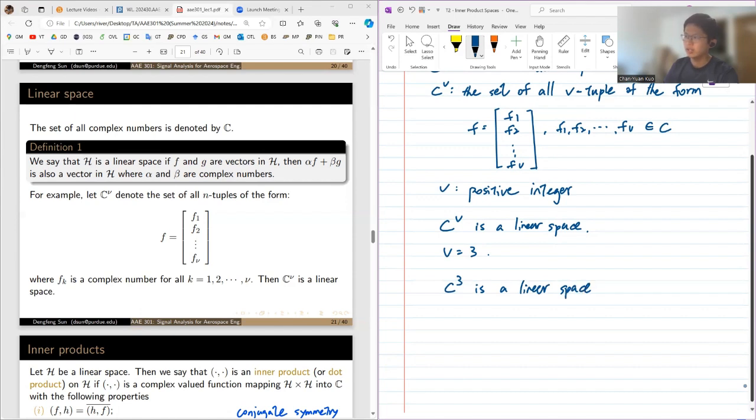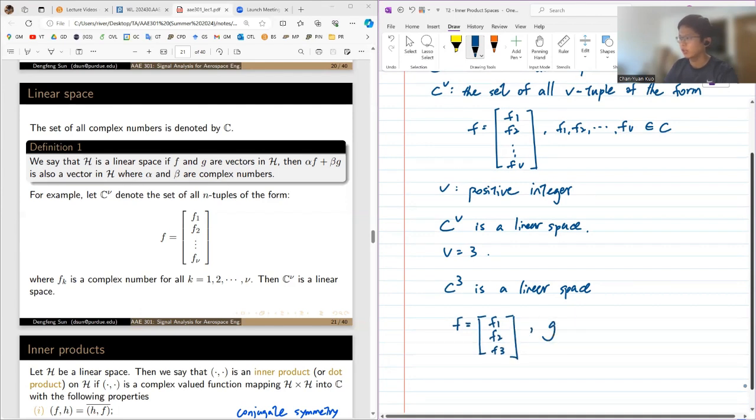To do that, let's first pick a vector from C^3, and let's call it F, and F is this vector here, F1, F2, F3. And now we pick another vector in C^3, which we call G, and G is equal to G1, G2, G3.